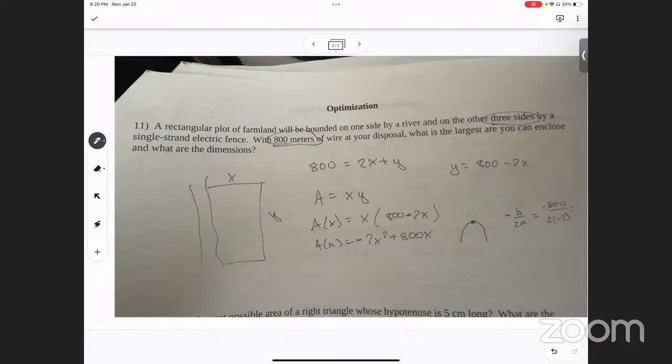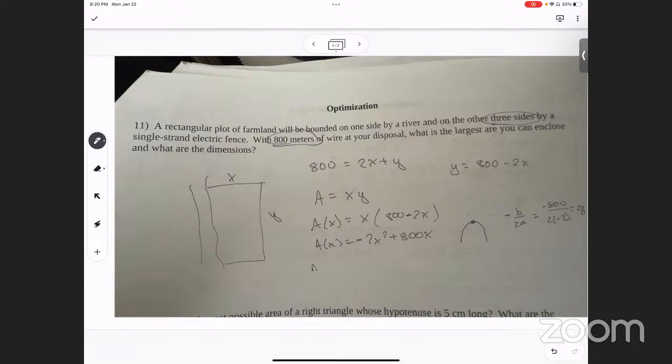So that's just, what is it, 400? Oh, no, 200. Yeah, 200. So x is 200, and that would mean y is 400, right? When you plug it back in.